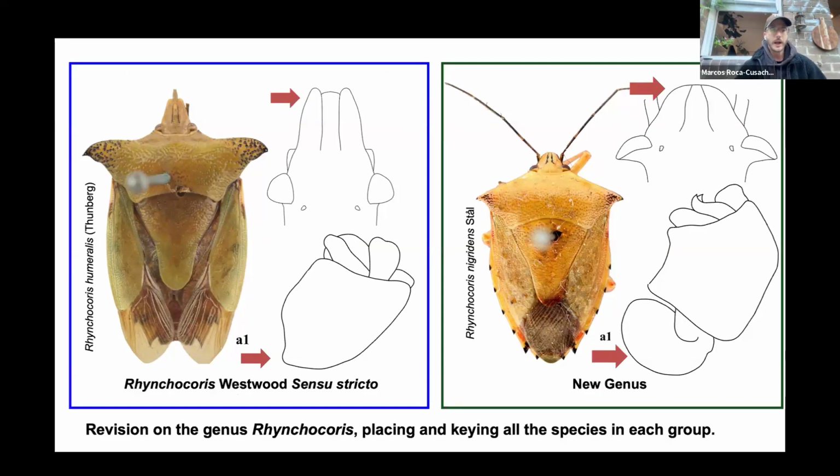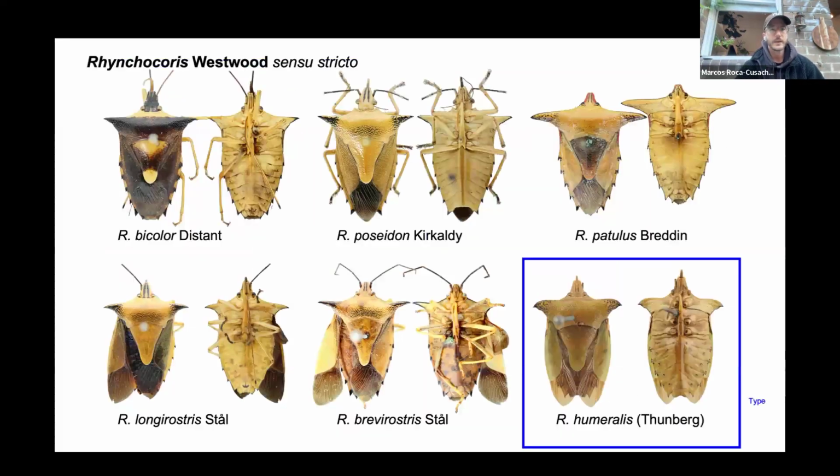Therefore, we could define the genus Rhynchocoris based on the type species Rhynchocoris humeralis that had this set of characters. And then I decided to go forward and delimit this new genus based on the other characters, placing and keying all the species in each one of the groups. The first group consists of 6 species, with Rhynchocoris humeralis being the type species of the genus.